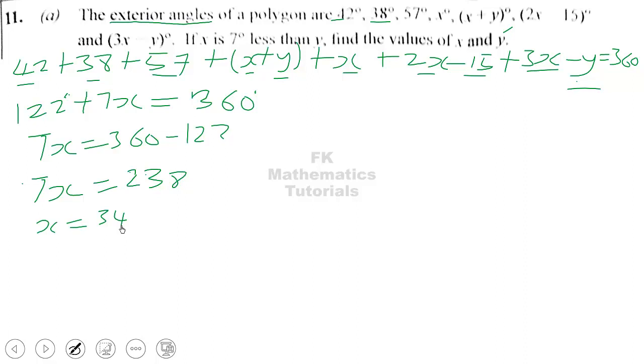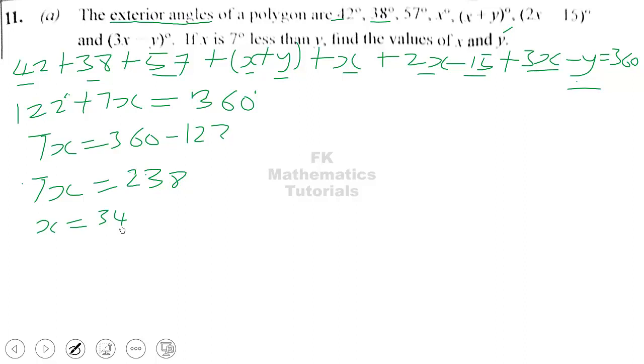Now, to find y, we use the second part of the information. If x is 7 degrees less than y, so x is less than y by 7 degrees.